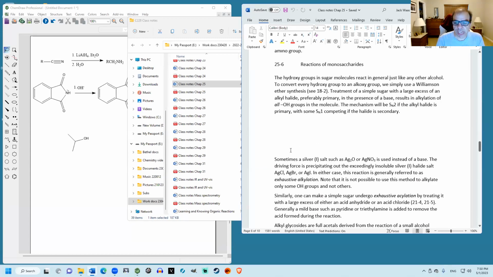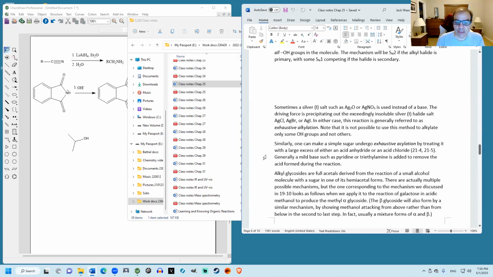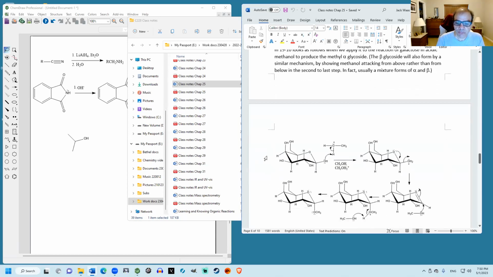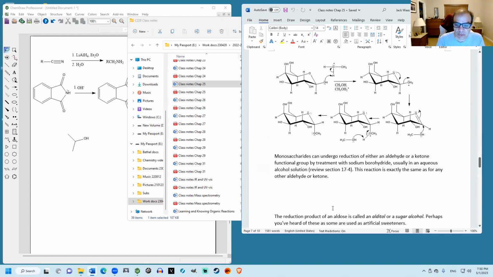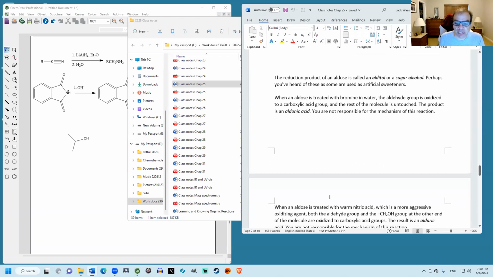And we went over some reactions of monosaccharides, exhaustive alkylation, exhaustive acylation, glycoside formation. There's the mechanism. It's the same as in chapter 19. It's just going from a hemiacetal to a full acetal. And some other reactions of monosaccharides.